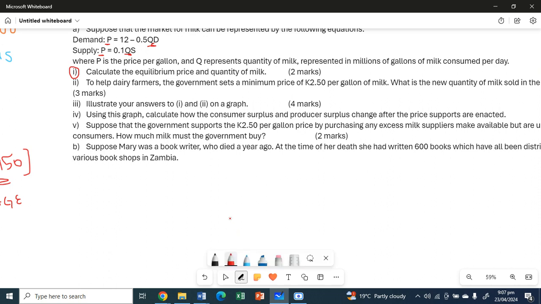So, colleagues, when calculating the equilibrium price and quantity, always equate the demand and supply equations, right?